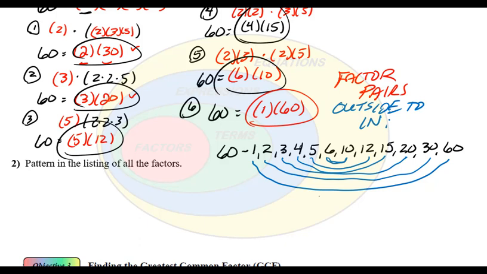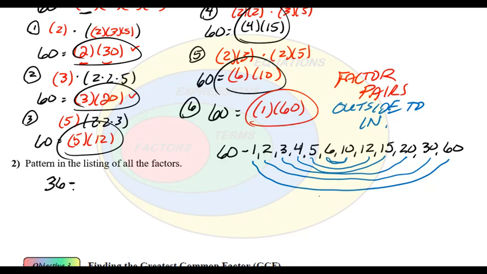So let's say we were trying to find factors of 84. This is actually one of your try its, but instead of 84, let's do 36.